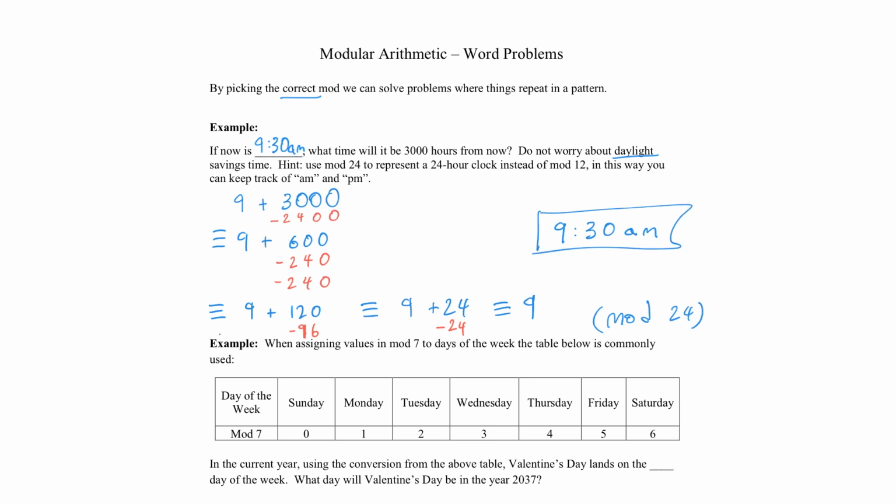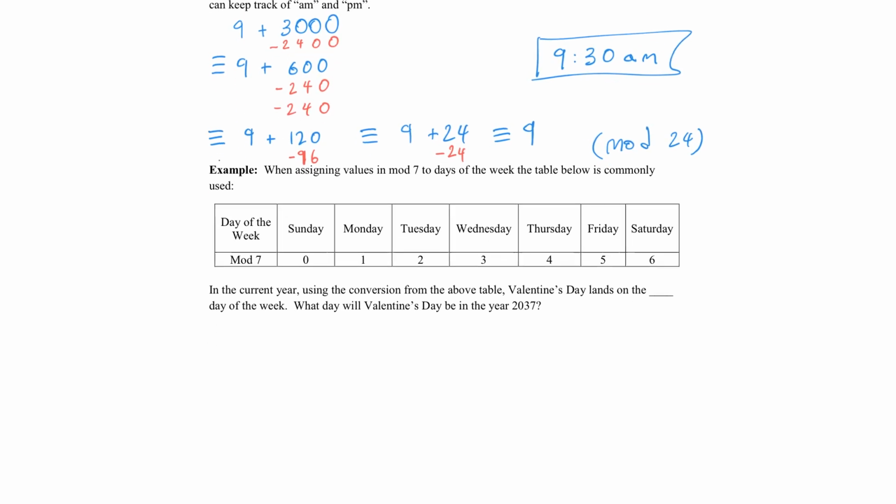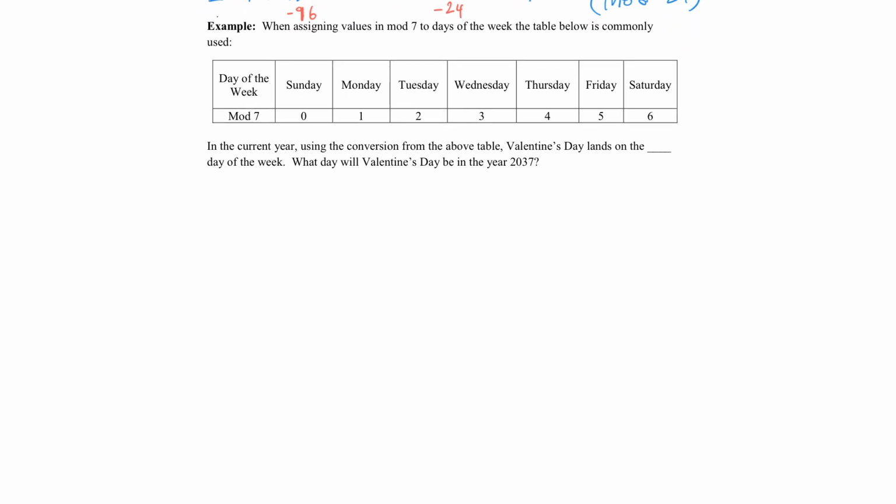Okay, let's try the next problem. In this problem, we're going to be looking at days of the week, and in the current year, we're going to look at Valentine's Day. So we'll suppose the current year is the year 2020, and if you check, February 14th was on a Friday in 2020.